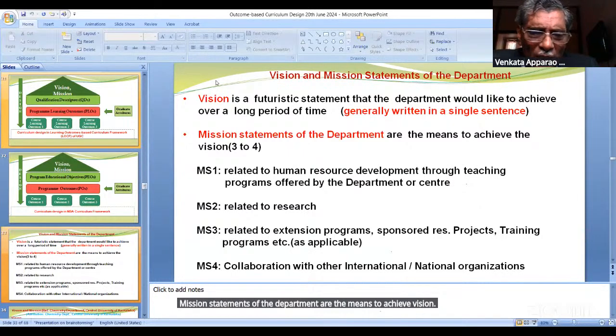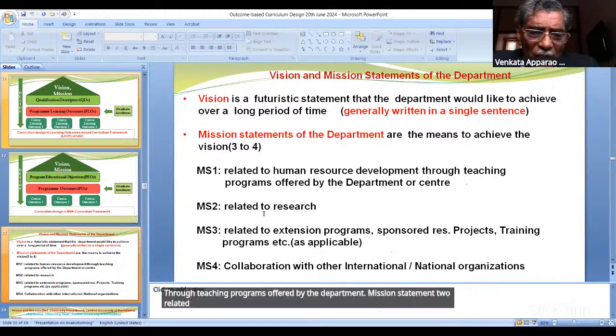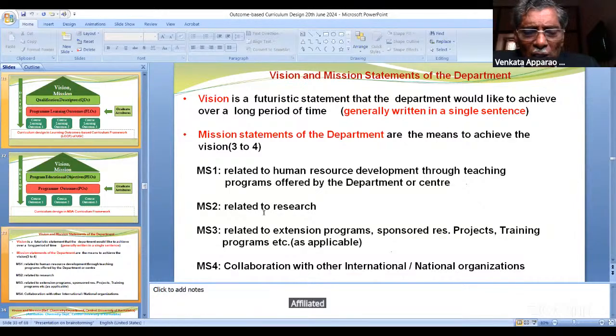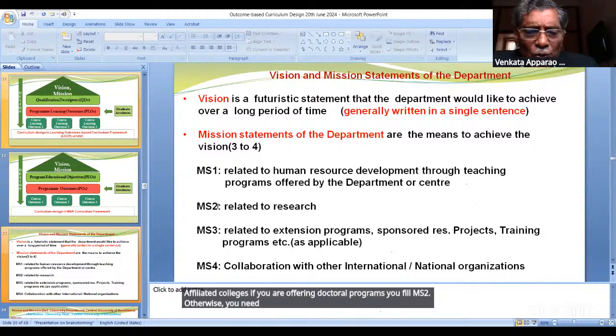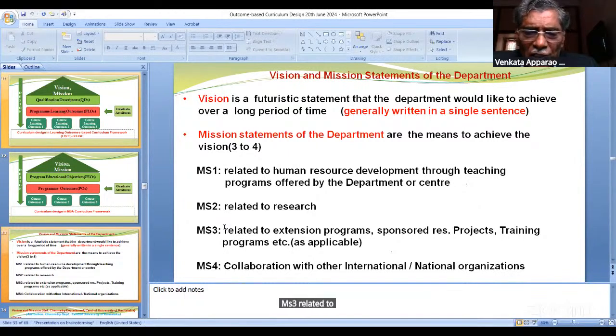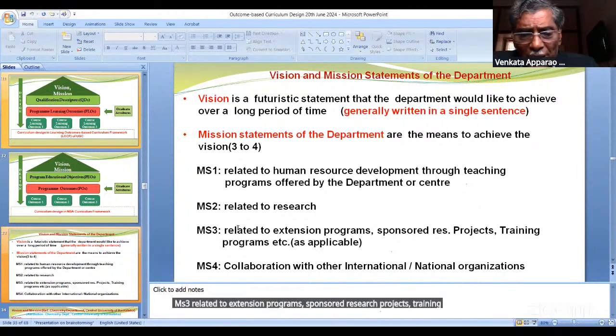Mission statement 1 is related to human resource development through teaching programs offered by the department. Mission statement 2 is related to research. Affiliated colleges, if you are offering doctoral programs, you fill MS2. Otherwise, you need not fill MS2. MS3 is related to extension programs, sponsored research projects, training programs as applicable.